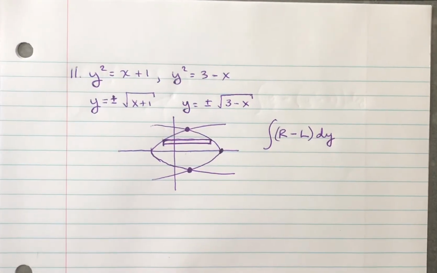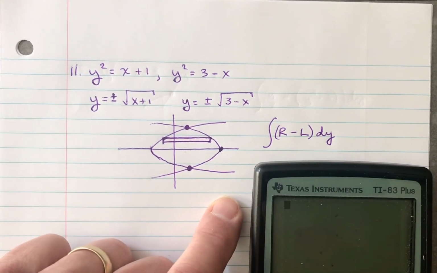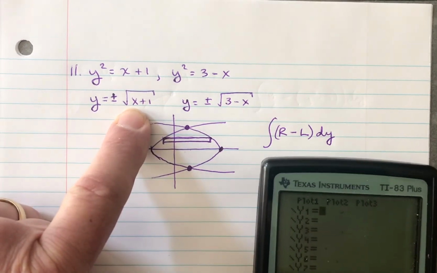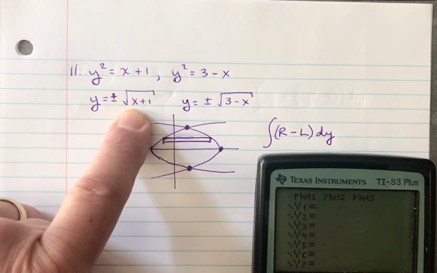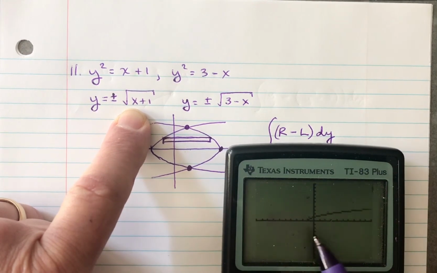So now I'll take the calculator, and I'm going to graph the first equation, square root of x plus 1. And if I hit zoom 6, you can see there's that parabola on its side.